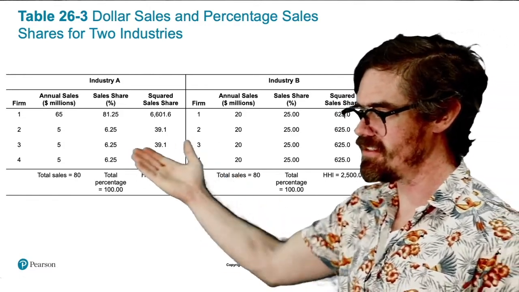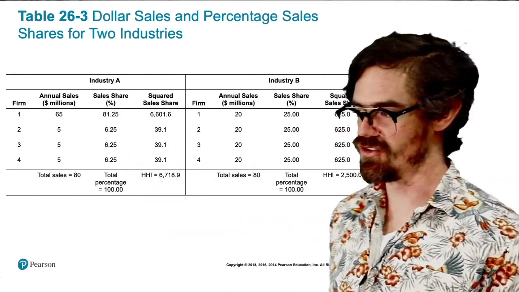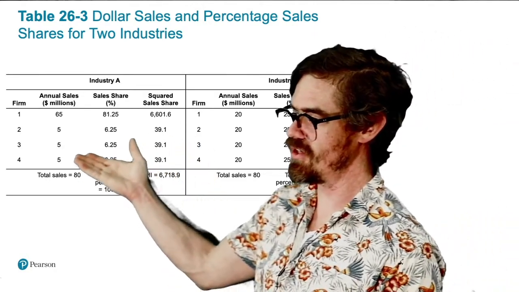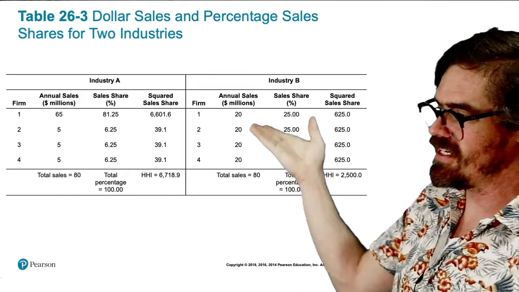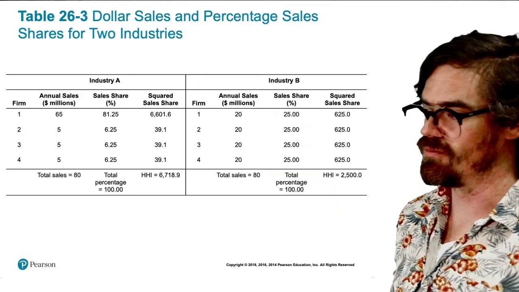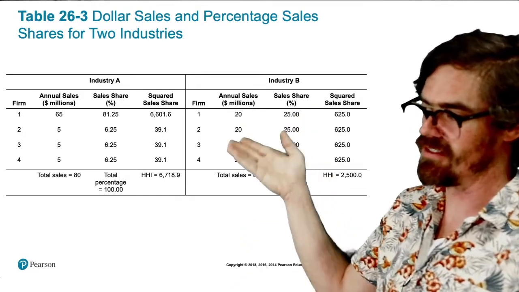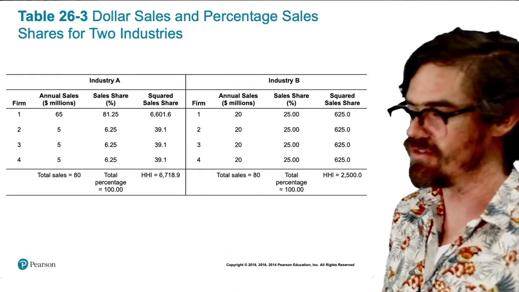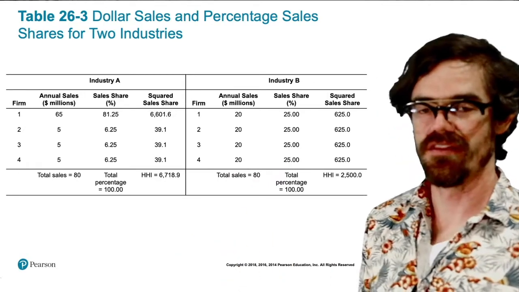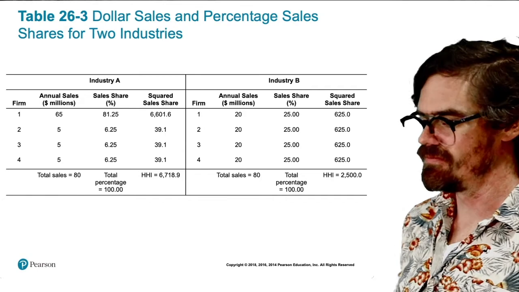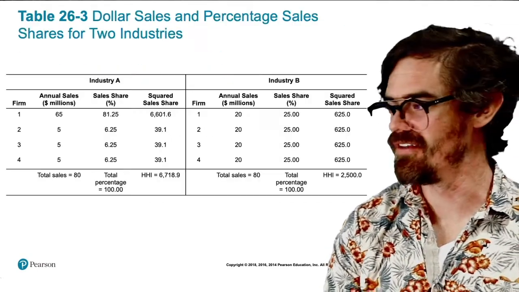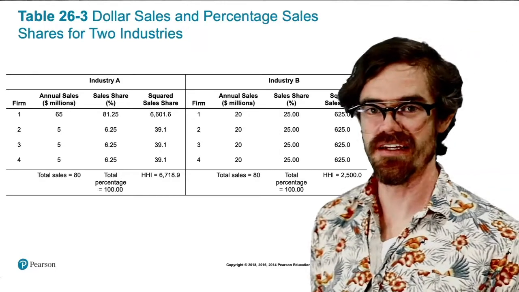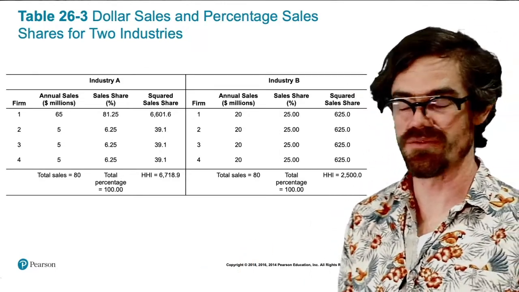But clearly these industries are much differently concentrated, right? This one is concentrated much more in the top firm, whereas this one is evenly split amongst the top 4 firms, and so it's not as concentrated, it's kind of more balanced, right? So this is where the Herfindahl-Hirschman index, the HHI, comes into play and is much better.